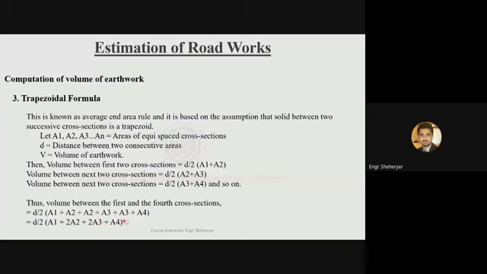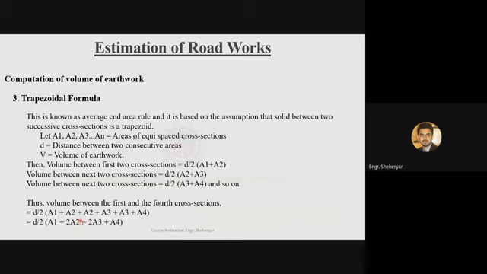Now you can see that in this expression, the first and the last areas are appearing a single time, and all of the intermediate areas are getting repeated 2 times.